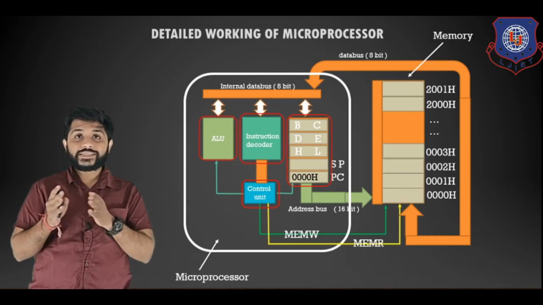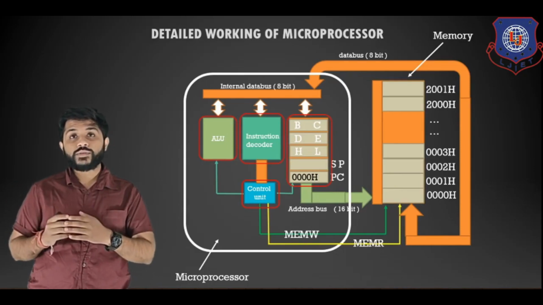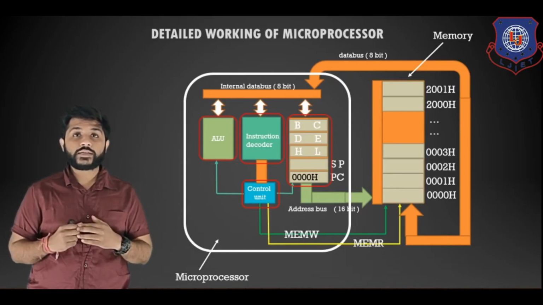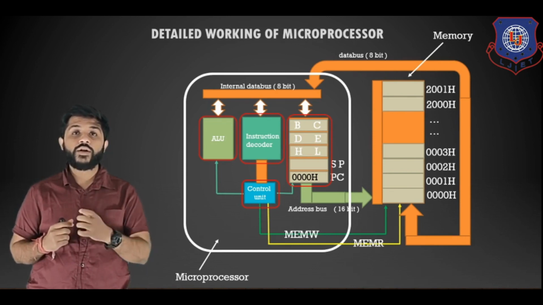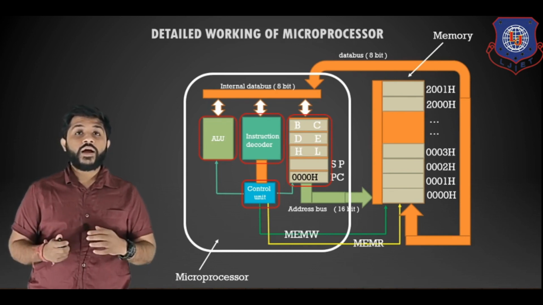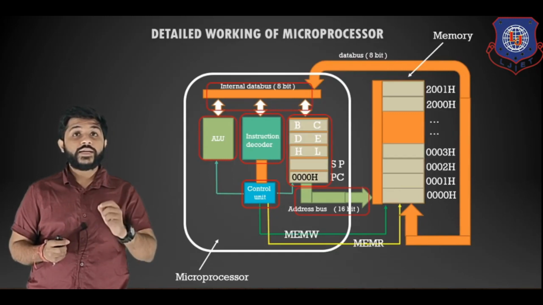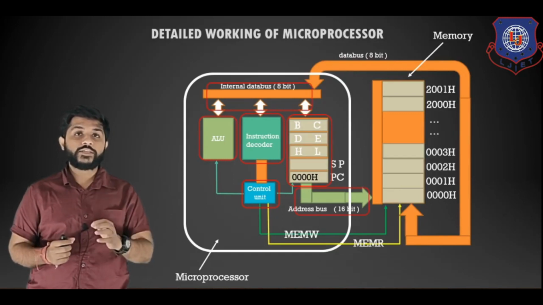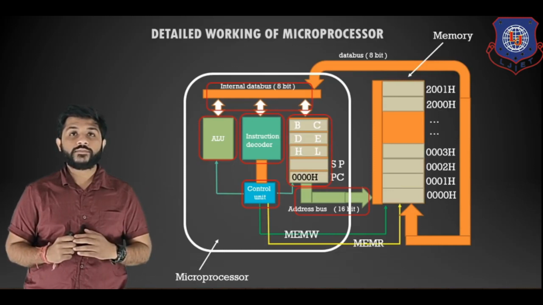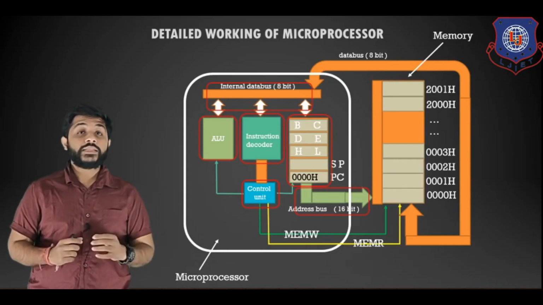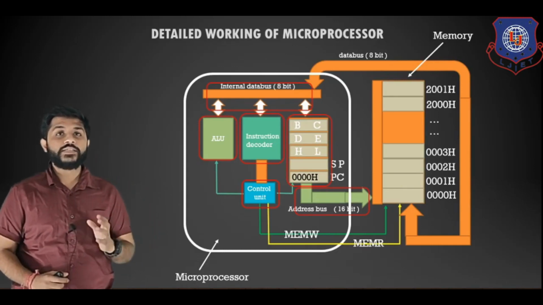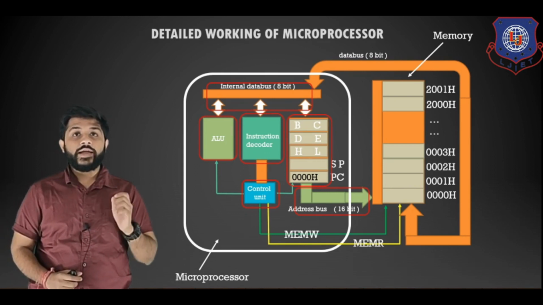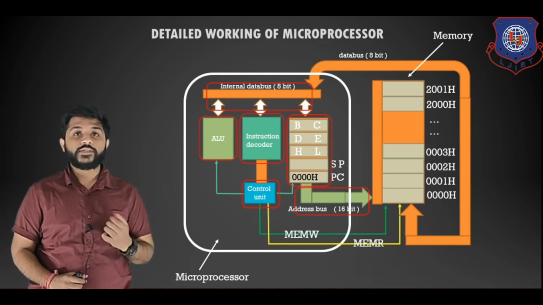The control unit is connected to memory too, through two control signals, memory read and memory write. After that, you can see that there is a data bus and an address bus. For the 8085, the length of the data bus is 8-bit and the length of the address bus is 16-bit.